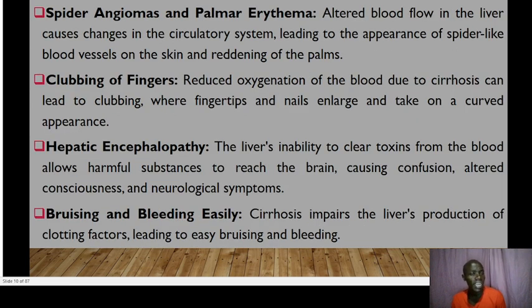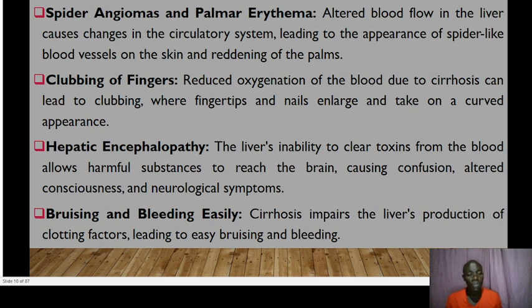What about the spider angiomas and palmar erythema? Well, you should know that altered blood flow in the liver causes changes in the circulatory system, leading to the appearance of these spider-like blood vessels on the skin and reddening of the palms. Also, reduced oxygenation of blood due to the cirrhosis can also lead to clubbing, where fingertips and nails enlarge and take a curved appearance.